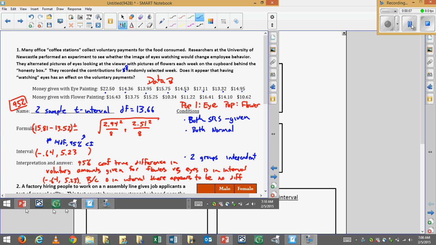So just go to your t-table, go to your 95%, and then scroll to 14, and that gives us a t star value of approximately 2.145. And we're done.